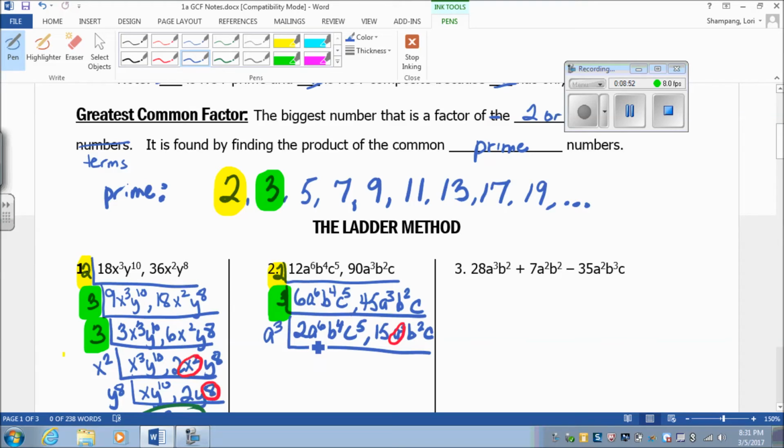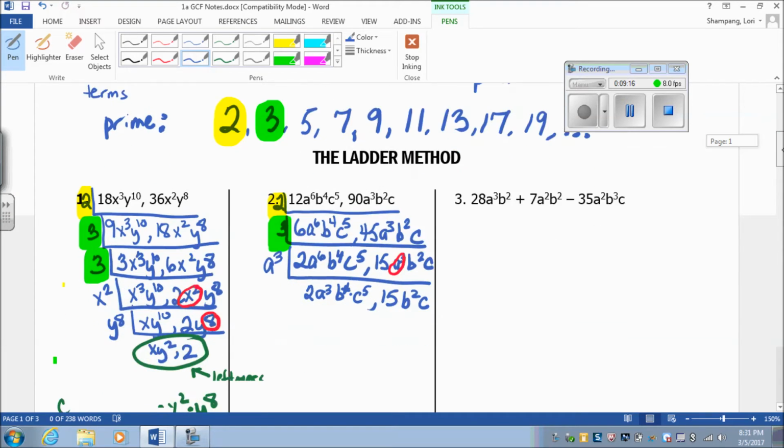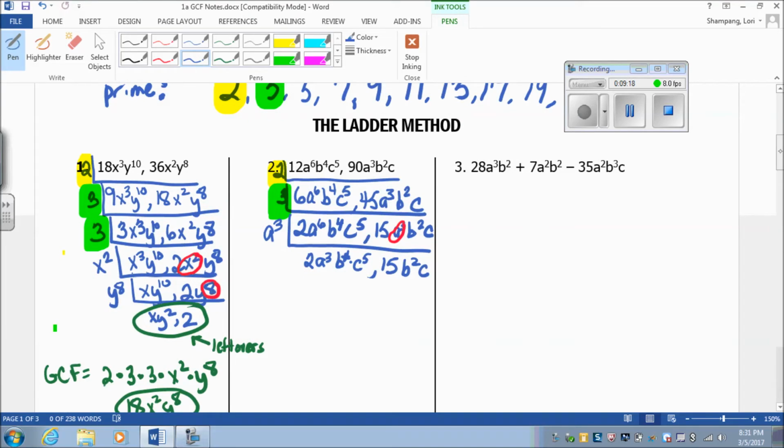A to the 3rd is common to both a to the 6th and a to the 3rd. So when we divide by a to the 3rd, we get 2a to the 3rd, b to the 4th, c to the 5th. And then 15, a to the 3rd over a to the 3rd is just going to be 1, b squared c.